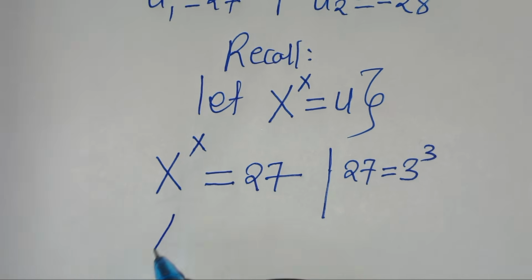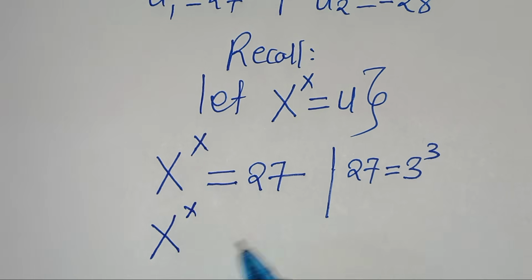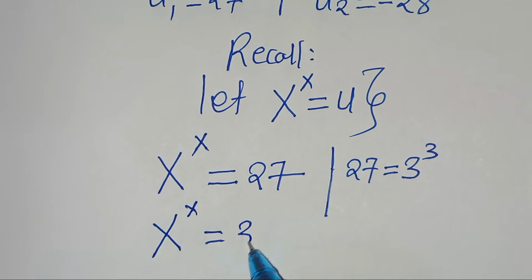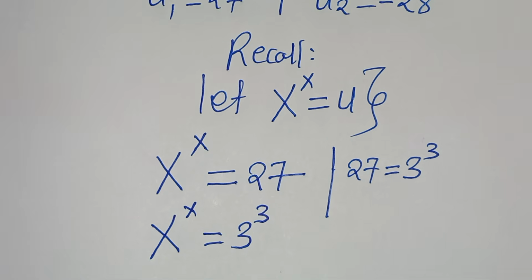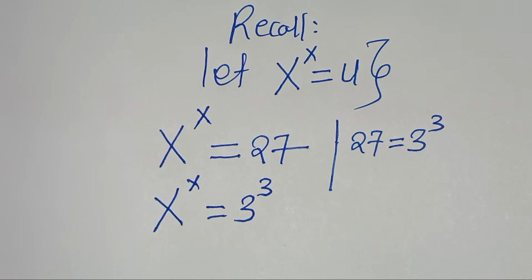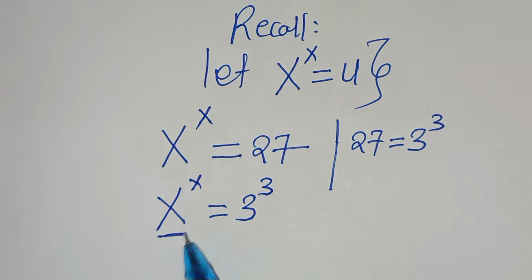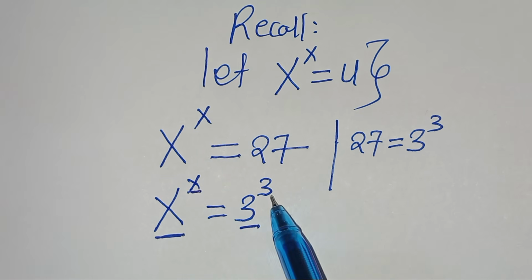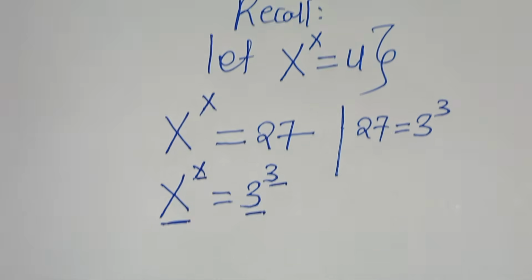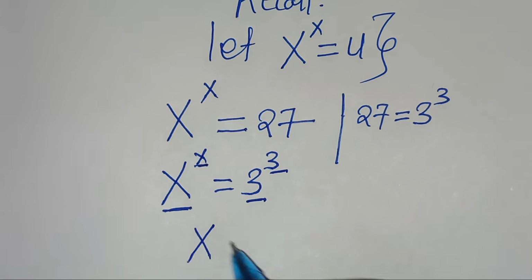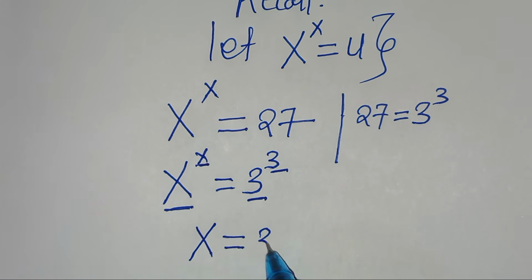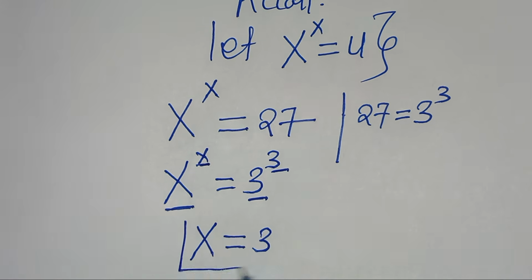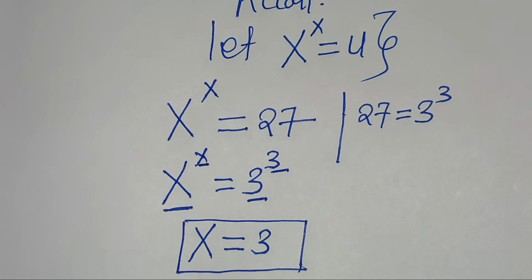So we have x to the power of x equal to 3 to the power of 3. If we check the base, this is 3, and the exponent x is 3. So the value of x is equal to 3.